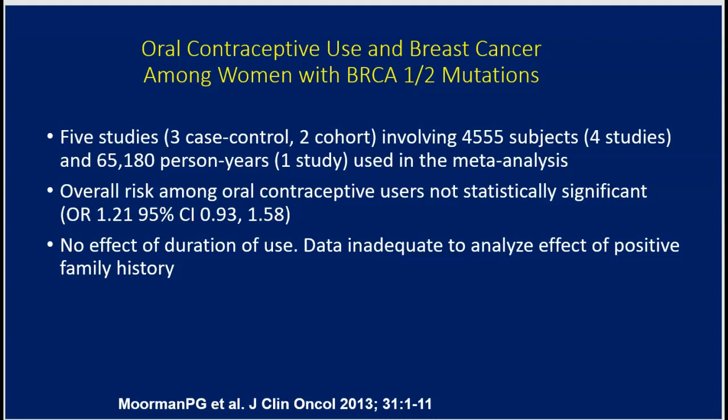The overall risk among oral contraceptive users was not statistically significant. That is, the odds ratio was 1.2, but the confidence interval bracketed 1, so it did not reach statistical significance. There was no evidence of an effective duration of use, but unfortunately the data was inadequate to analyze the effect of positive family history.